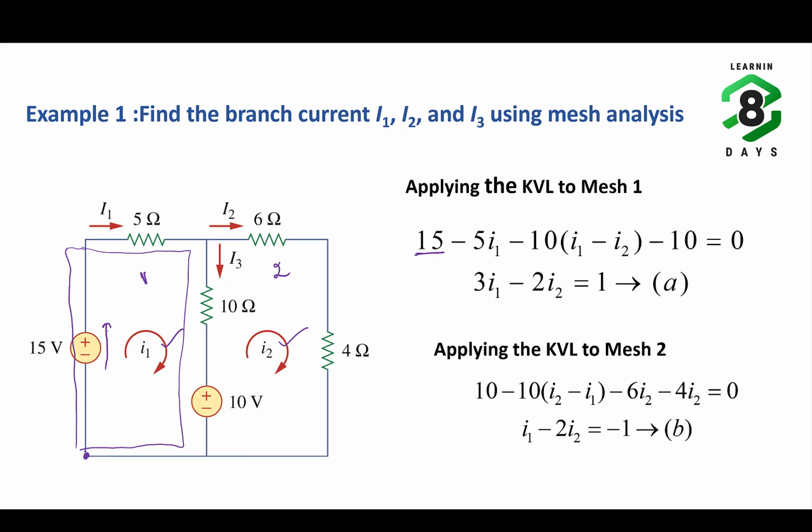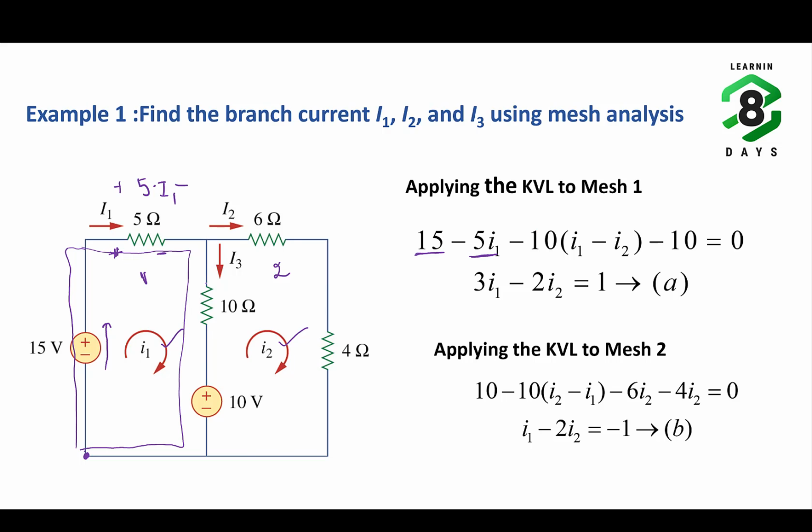So it is plus 15, and when you are traversing in this direction, current entering terminal is positive, current leaving terminal is negative. So here, what is the voltage drop across this resistor? The voltage drop across this resistor is 5 into I1. So this is positive and this negative. Since in our traversal we are moving from positive to negative, it is a potential drop. For potential drop we give the minus polarity.